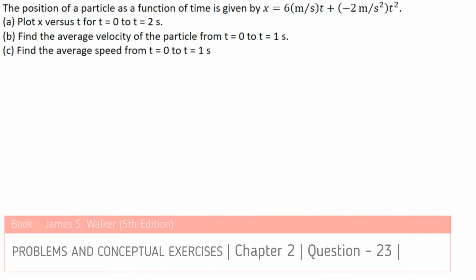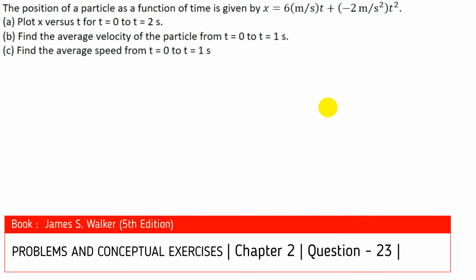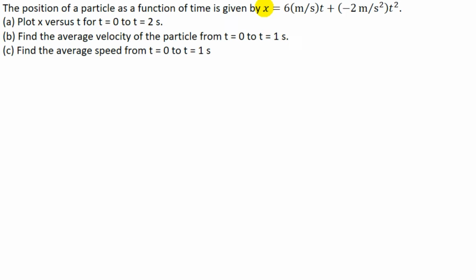Now here in this question we are given that the position of a particle as a function of time is represented by this equation: x equals 6t minus 2t squared. There are three parts in this question that we need to solve.